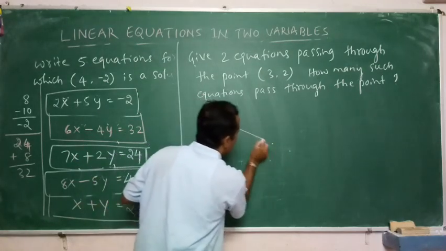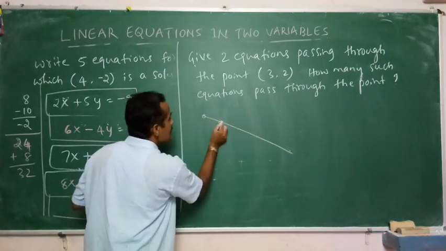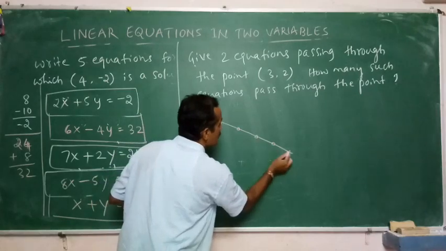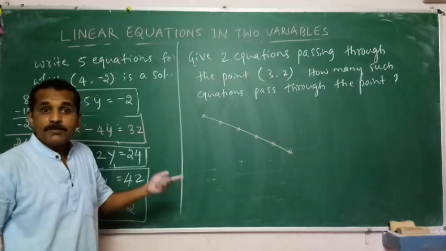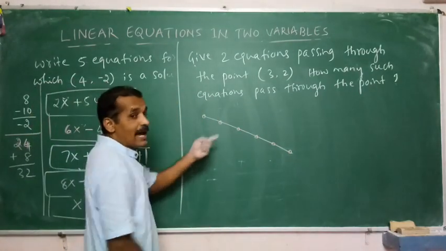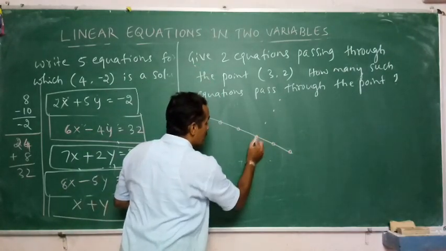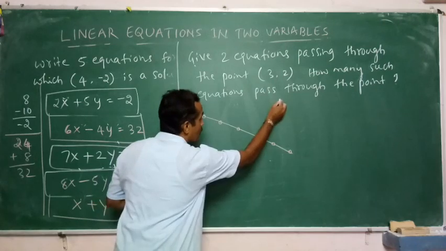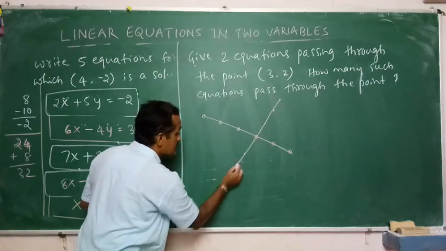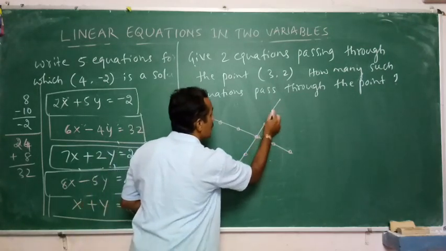For example, for the first equation, you get all these points. When you join them, you get a straight line. And these are all called the solutions of the first equation. And I am going to the second equation. You get these different points on the second equation. These are all called the solutions of the equation.